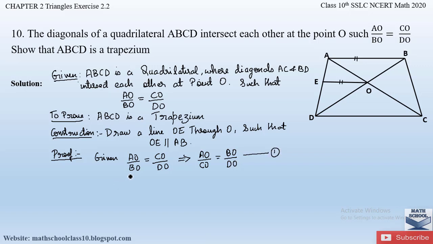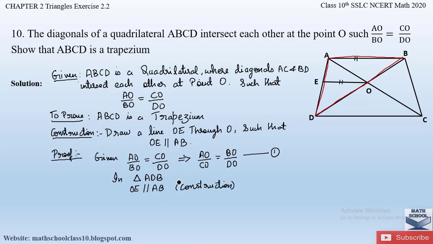Now from the construction, the line drawn OE is parallel to the side AB. So consider the triangle ADB. Write down: in triangle ADB, since OE is parallel to AB, this is from construction.